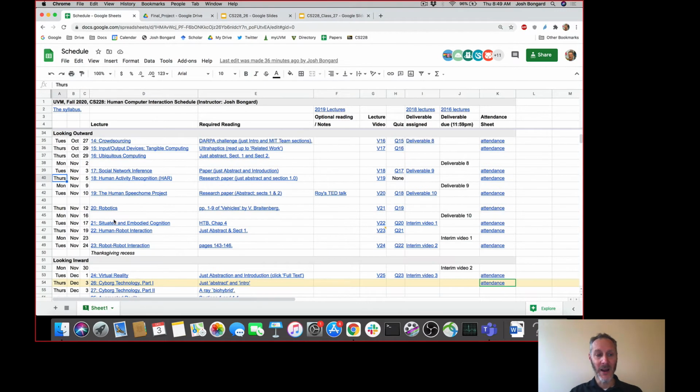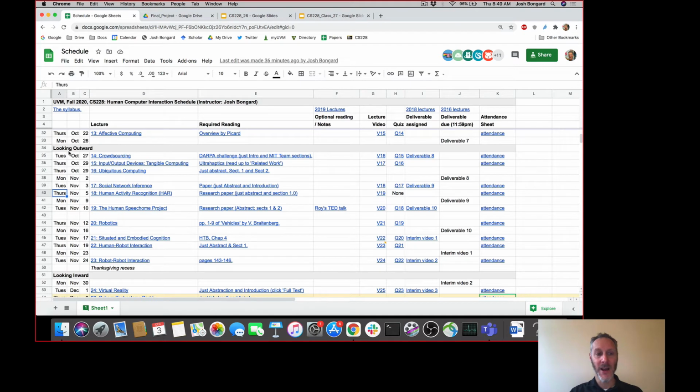Then we spent a fair bit of time looking outward. So what are the challenges and opportunities of stitching interactive technology into the physical world, where that technology is sensing and acting in the world similarly to the way that humans push against the world and observe how the world pushes back.